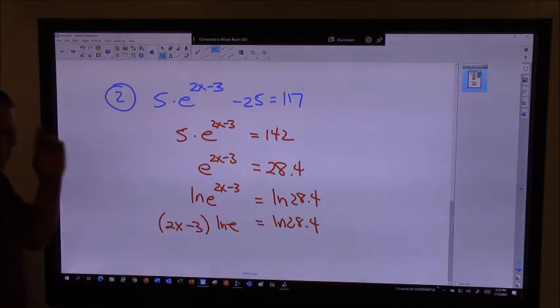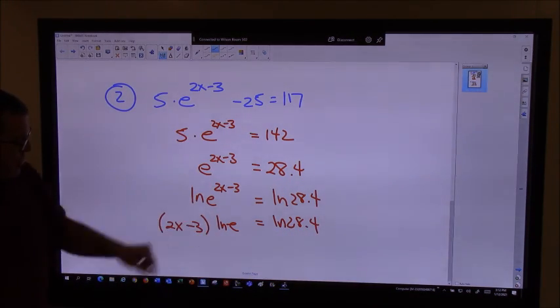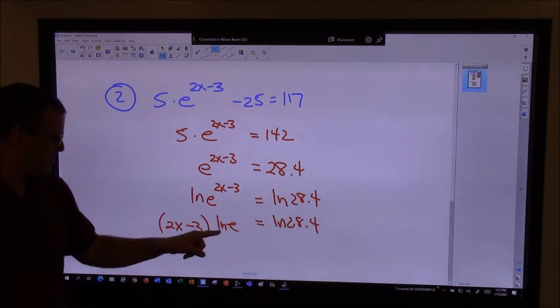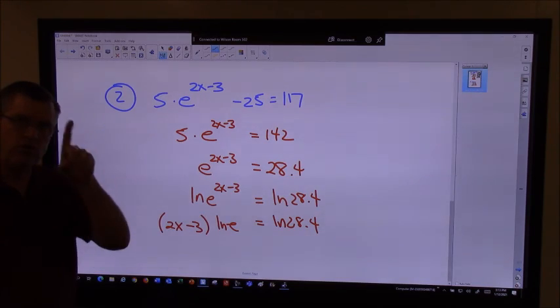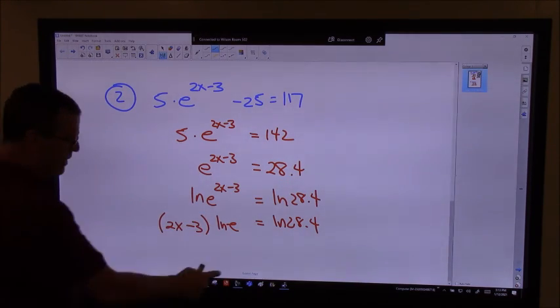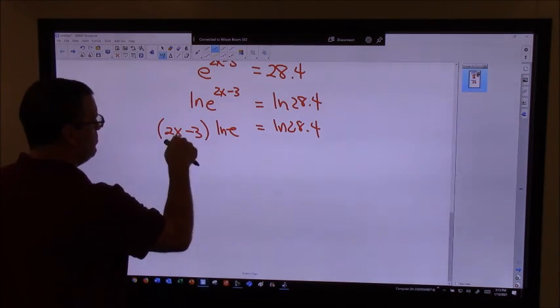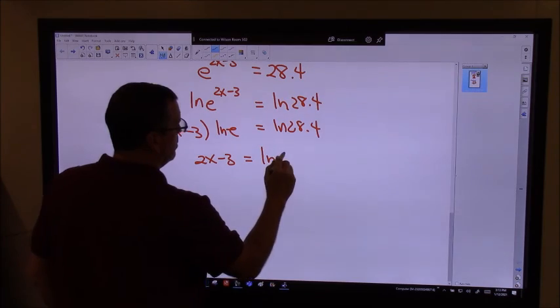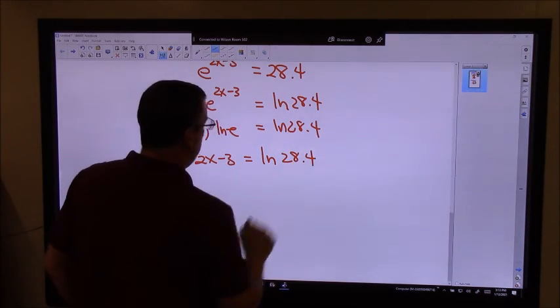And here's why you want to use natural log with e. We've already talked about this: natural log of e is equal to 1, right? So really I could just get rid of that. 1 times anything is just the same thing, 28.4.